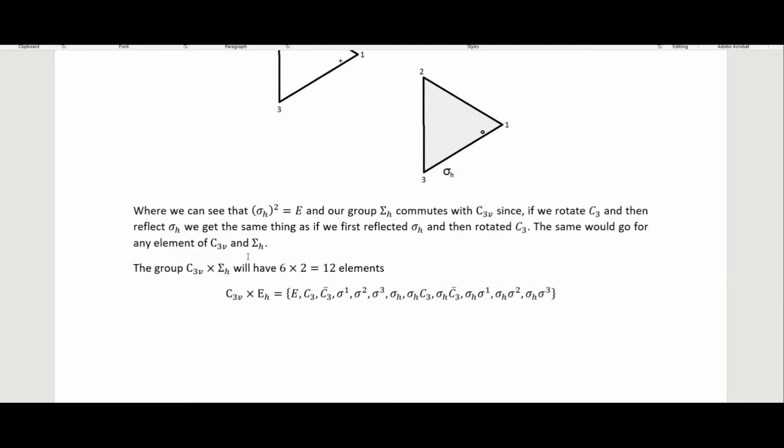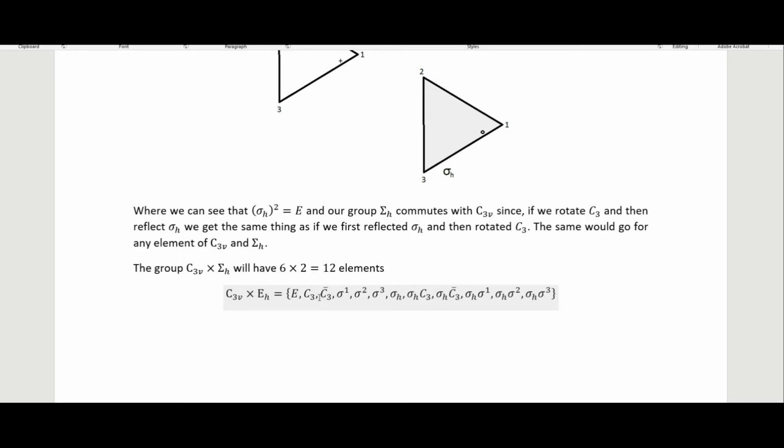So we have our two groups here, and we have a group that is the C3V cross our uppercase sigma sub h, and it will have the order of C3V times the order of our uppercase sigma sub h, equal 12 elements.